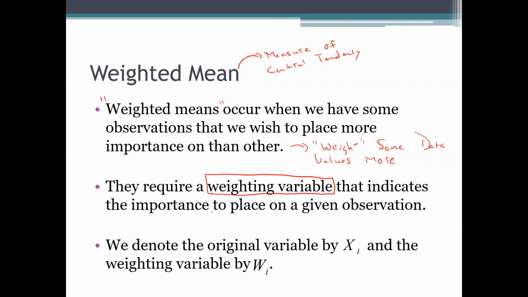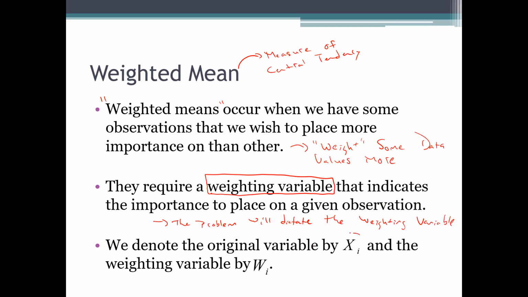Very rarely do you just say, this is the most important value, so I'll weight it as 1, and this one as 2, and so on. It's not like that. The problem will dictate the weighting variable. You're going to see 2 different examples where how you pick the weighting variable is completely different.